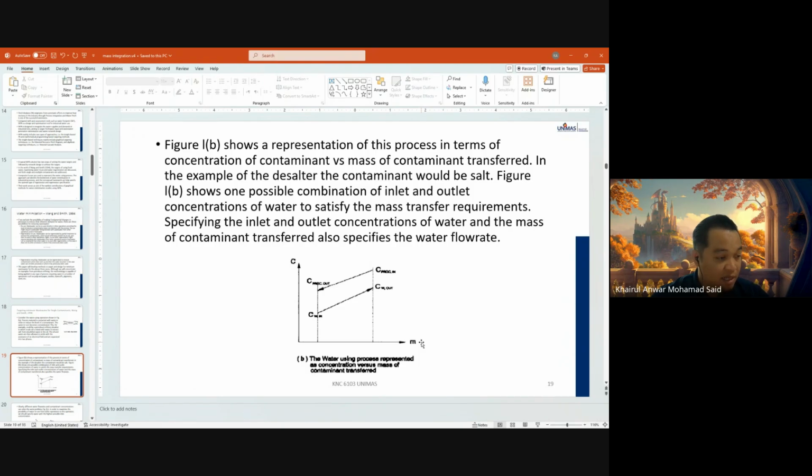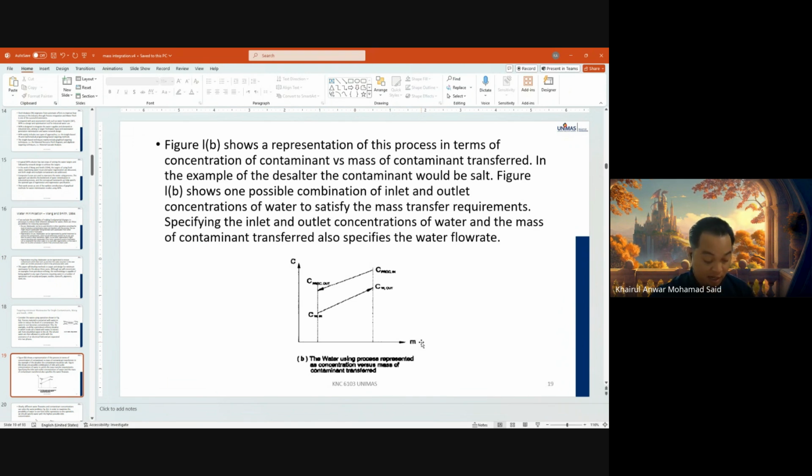Now we have the design choice. Either we want to maximize our water reuse, or the other thing. So if we want to maximize our water reuse potential, we must feed the desalter with water at the highest possible inlet concentration.